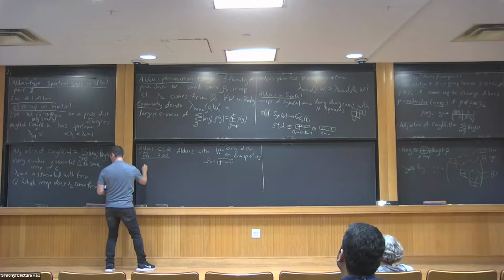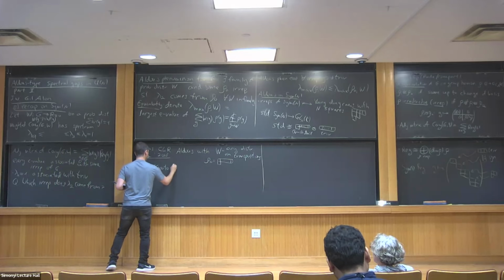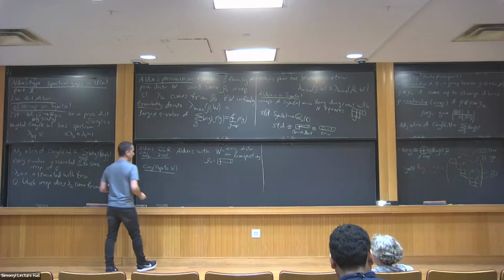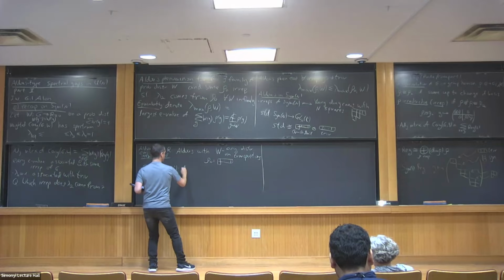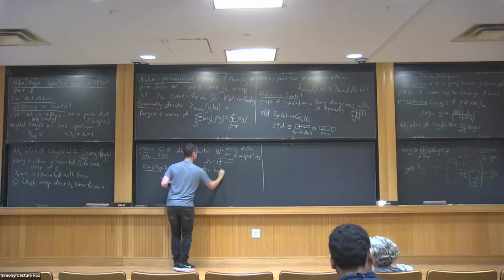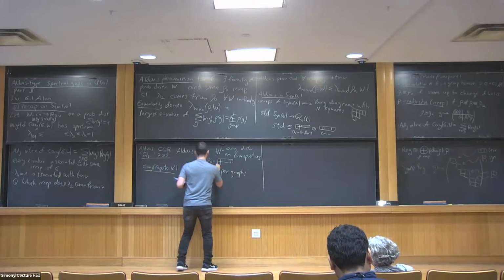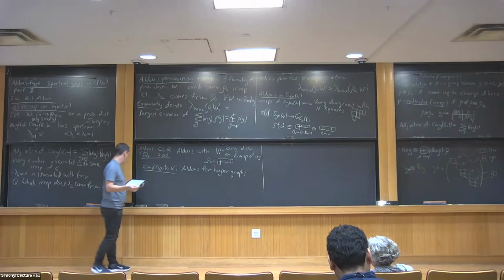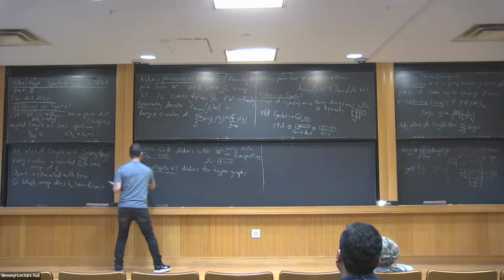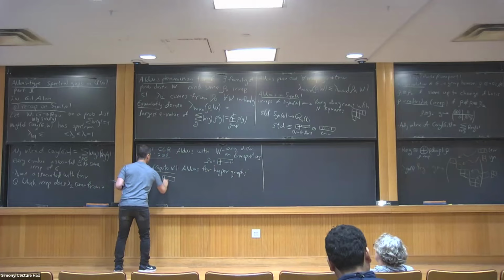So this is a conjecture of Caputo. I'll call it Aldous for hypergraphs, still with the same representation.